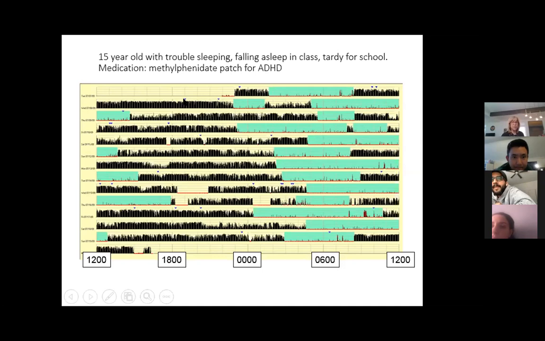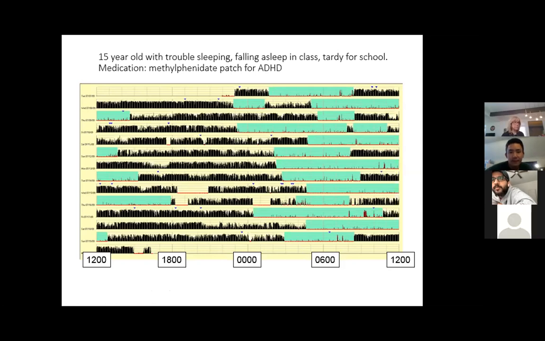You're supposed to click it when you get into bed or get out of bed. But did she really get into bed? She can't really control touching the event marker. She's an event marker button pusher, and she doesn't tell the truth. Here's where she said she got out of bed. She probably got out of bed here and then forgot to push it until there.